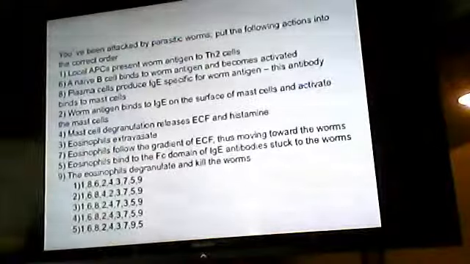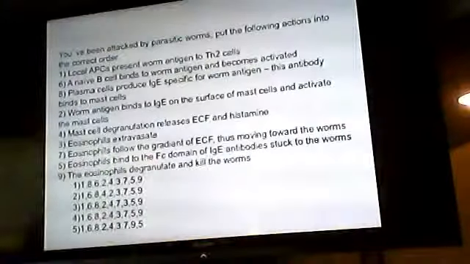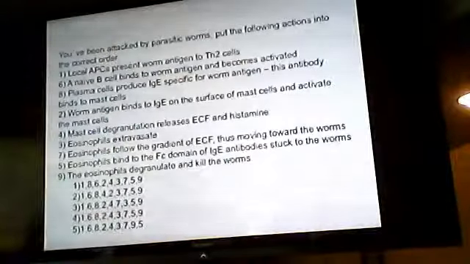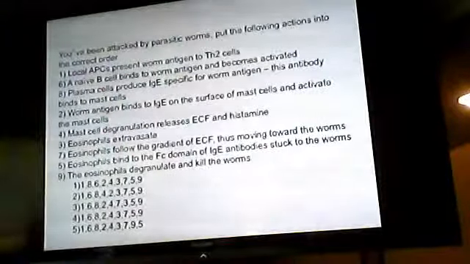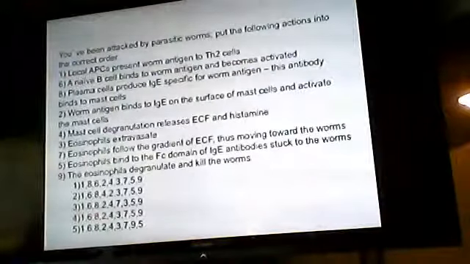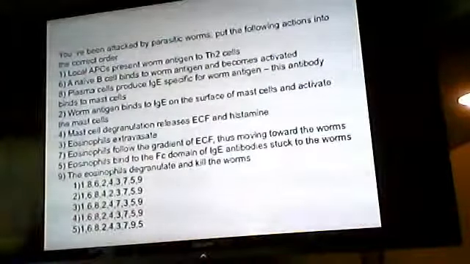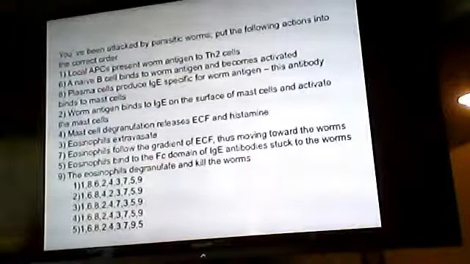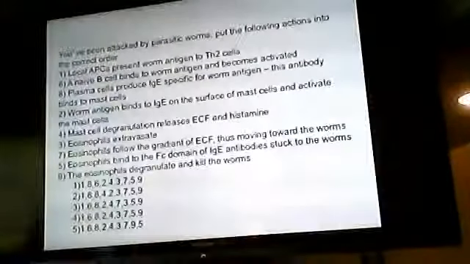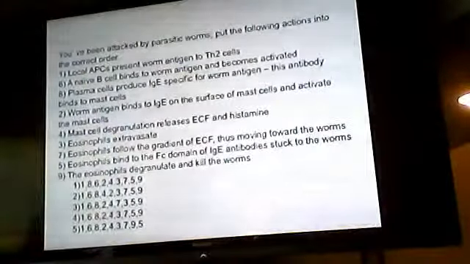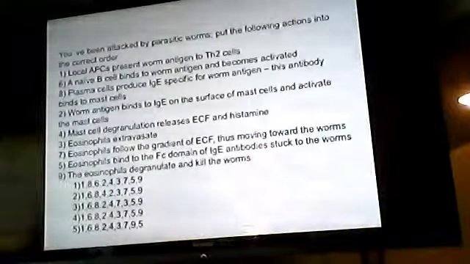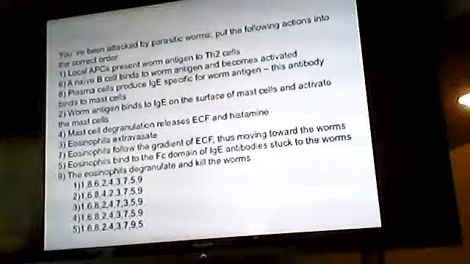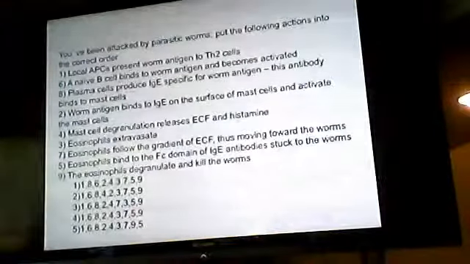If we're talking about how this process all works, we go from step 1: local antigen presenting cells present a worm antigen to helper T cells, for example. From there, a naive B cell binds to a worm antigen and activates. Next, plasma cells produce IgE specific to the worm. A naive B cell finds its antigen, matures and becomes a plasma cell. The plasma cell produces IgE, and the IgE binds to a mast cell.